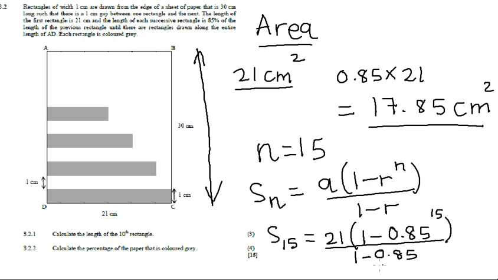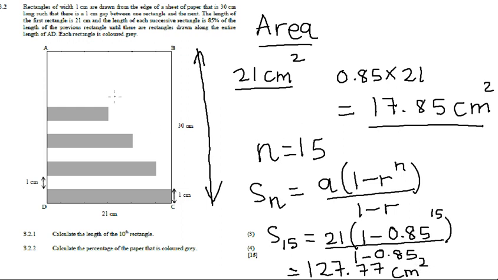This will work out to be the sum of the areas occupied by the shaded rectangles. You get approximately 127.77 centimeters squared.